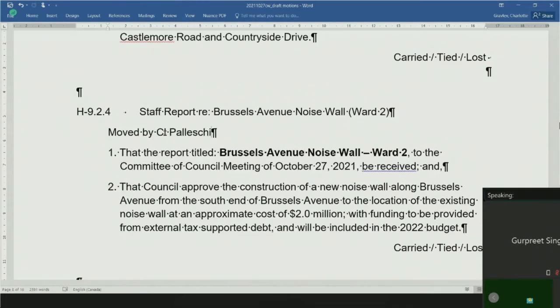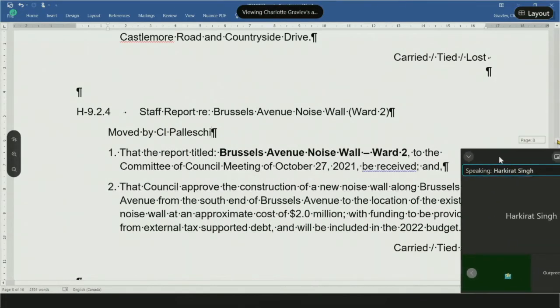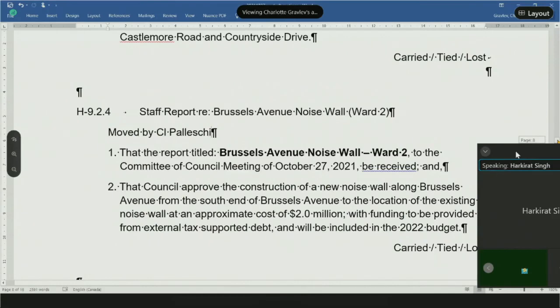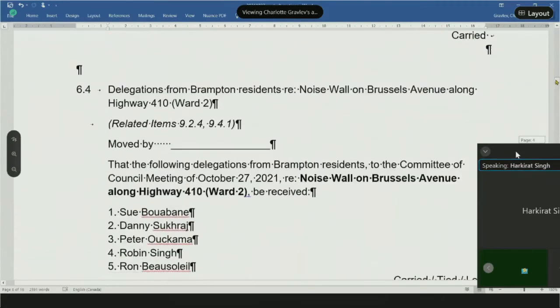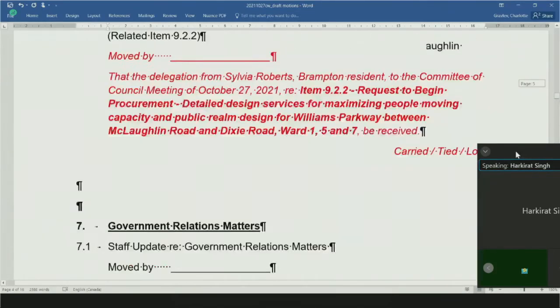Thank you. I don't see any other questions, so we'll move first to receive the delegations. I have a motion moved by Councillor Willens to receive the delegations. Is anybody opposed? Hearing and seeing none, the motion carries. Now we'll receive staff report 9.2.4 and correspondence 9.4.1 together, and we'll have that moved by Councillor Pleshy.